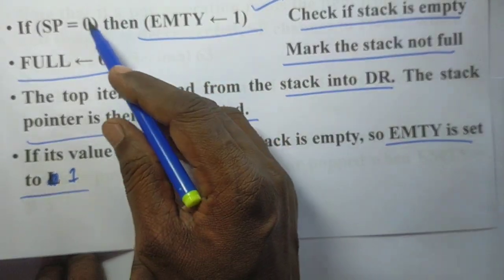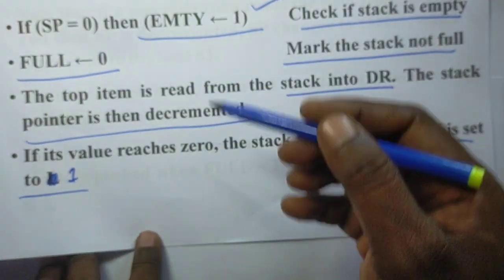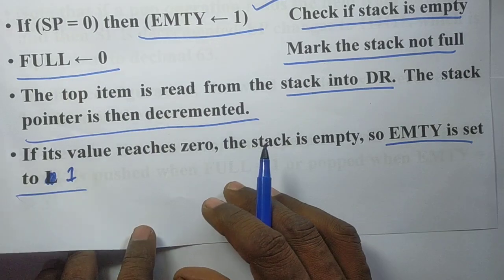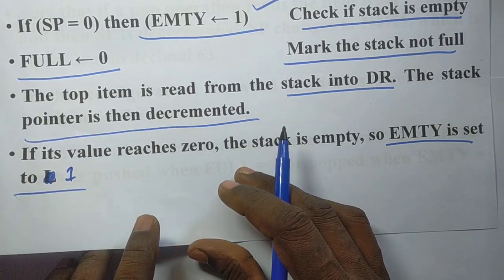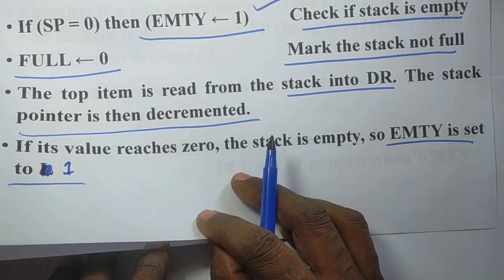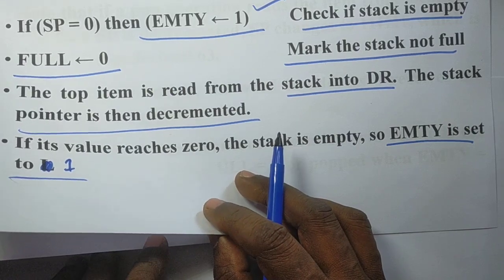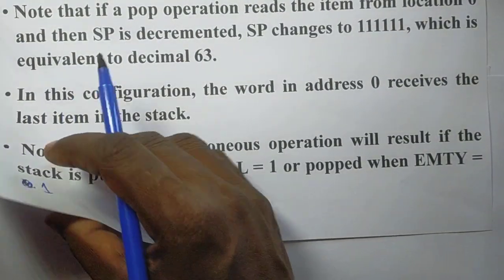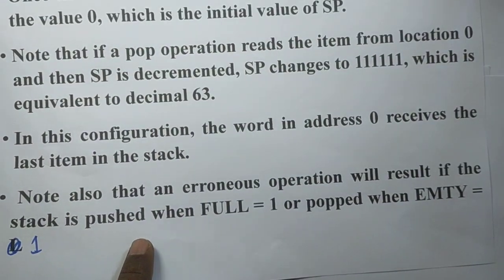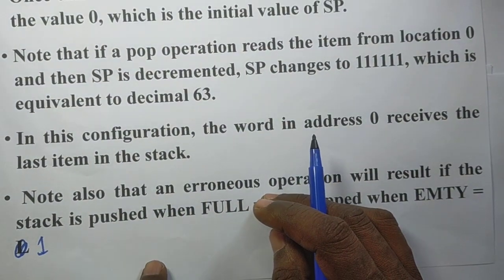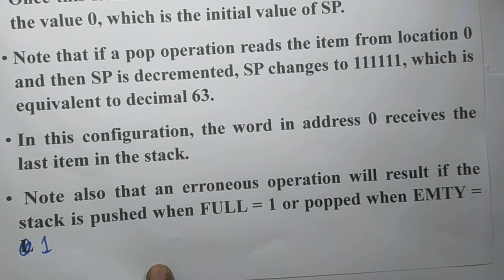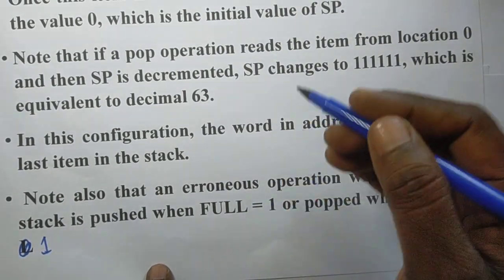Once SP is 0, after decreasing, empty is 1, and its corresponding value will be 0, and we consider empty as 1. Some conditions we can also apply sometimes. The condition is reached if the item read was in location 1, then once this item is read out, the SP will decrease.